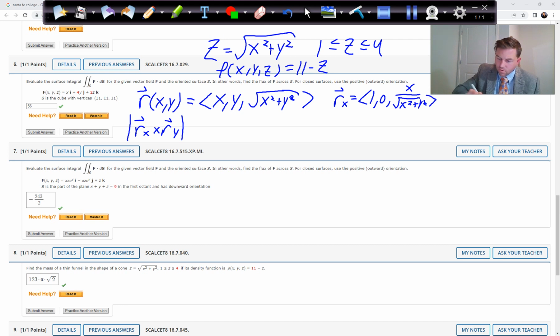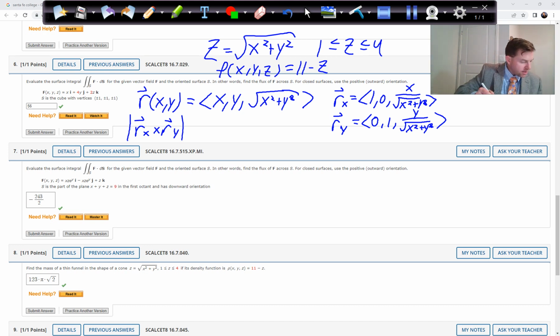And ry is extremely similar. It's going to be 0, 1, and y over square root of x squared plus y squared. And when you cross those two, a lot of this goes away.